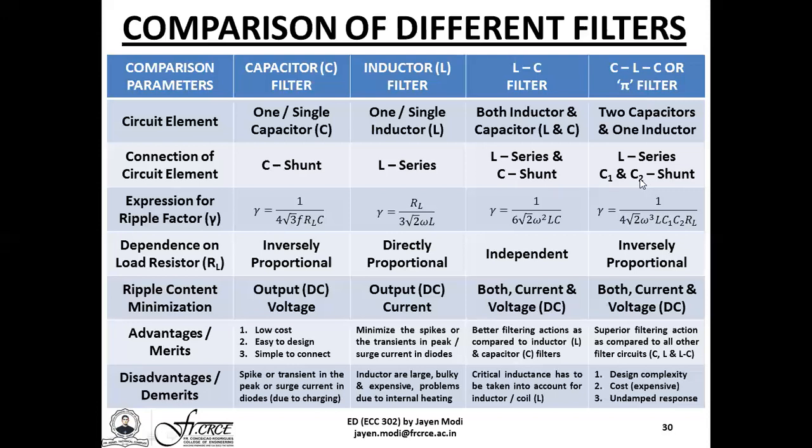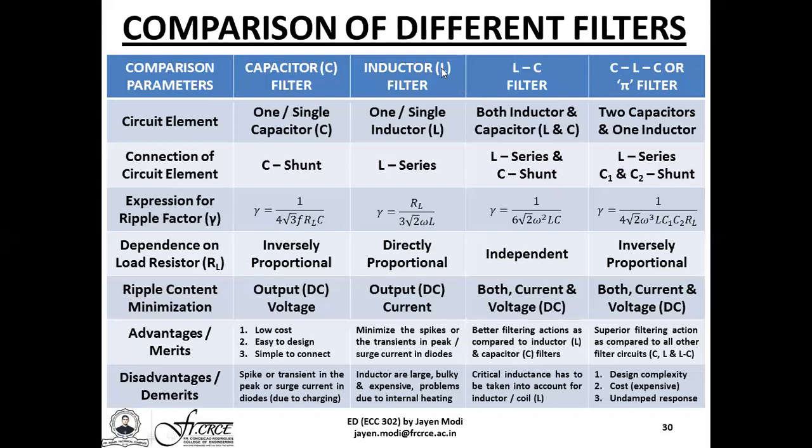The expressions for ripple factors are all standard terms given as shown, and directly based upon this expression, for a capacitor filter, the ripple factor gamma is inversely proportional to the load.